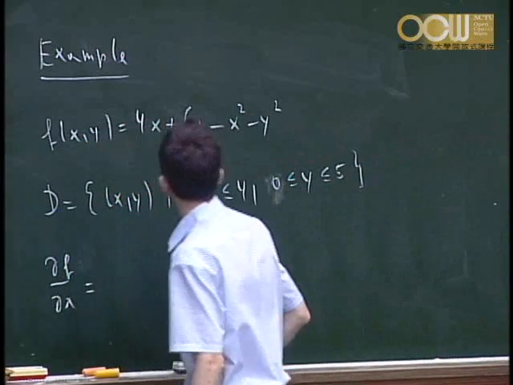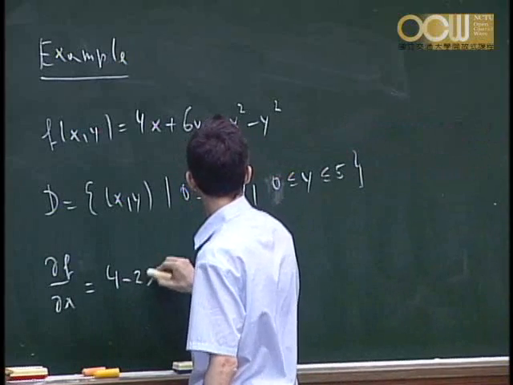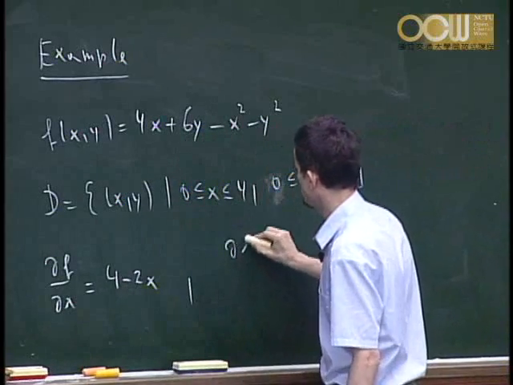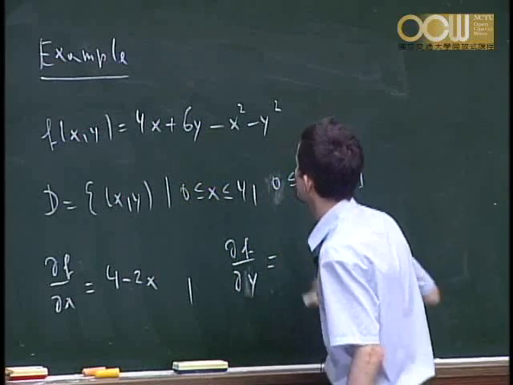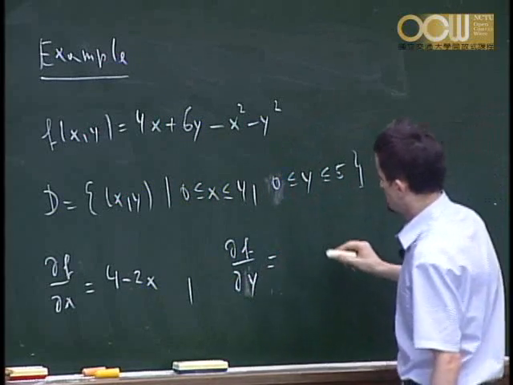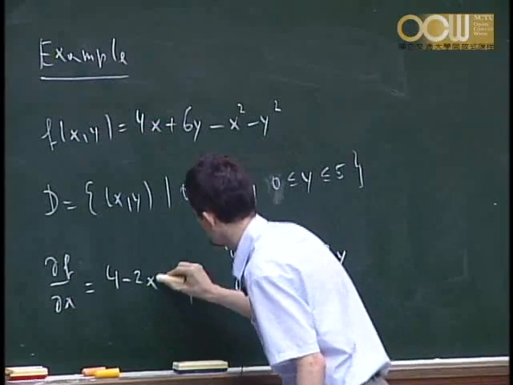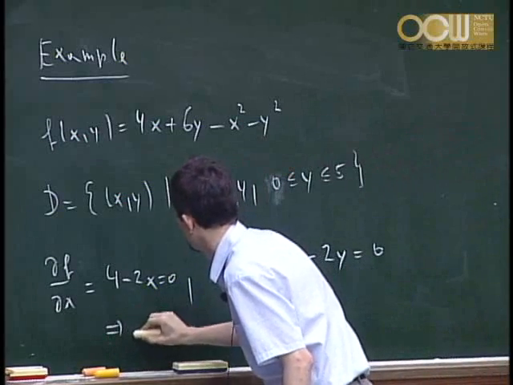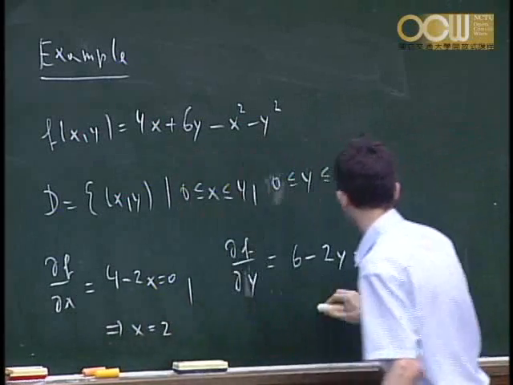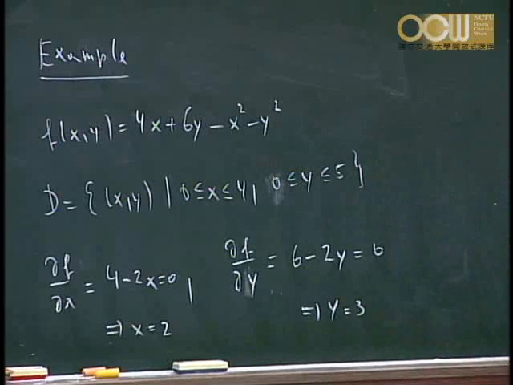For this, we take the partial derivative with respect to x, which is 4 minus 2x, and the partial derivative with respect to y, which is 6 minus 2y. We equate both to 0. What we get is x is equal to 2, and y is equal to 3. And we see that this point is inside D.